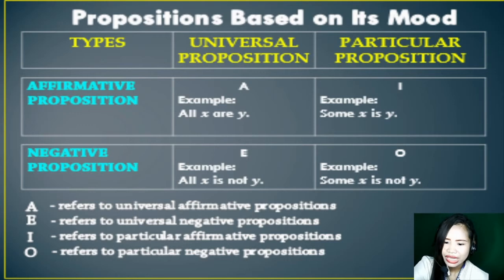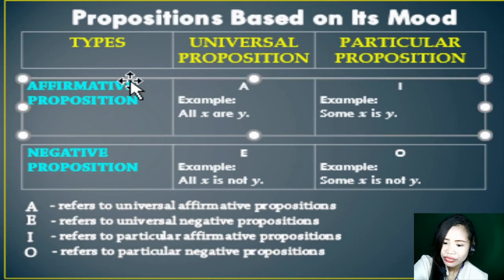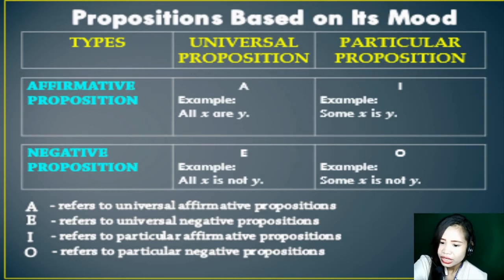Next, we have the affirmative proposition. As you learned a while ago, we have affirmative propositions. For example, if we consider universal proposition, let's say all x are y, and particular proposition, some x is y. So we will just talk of some of the x's. Some x is y. That is particular proposition.